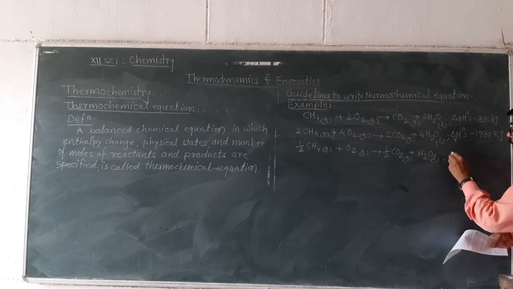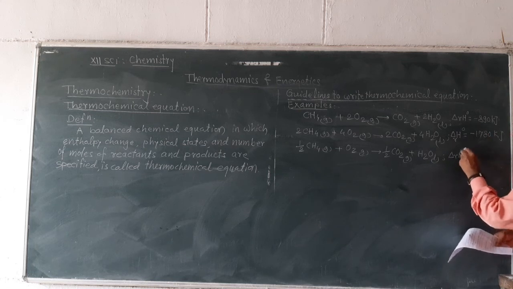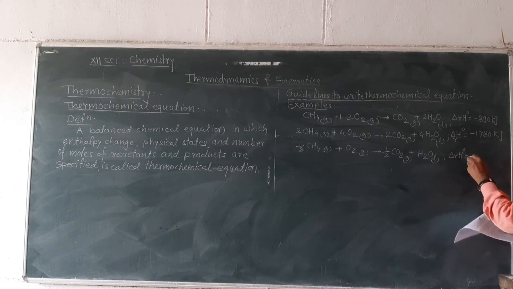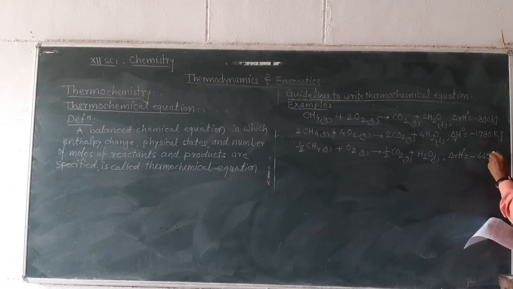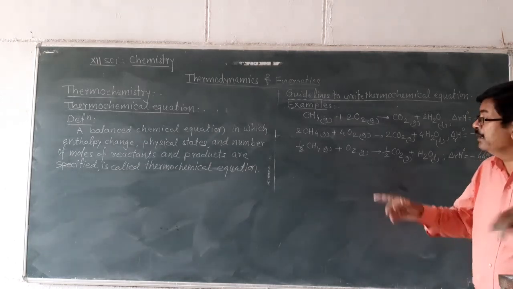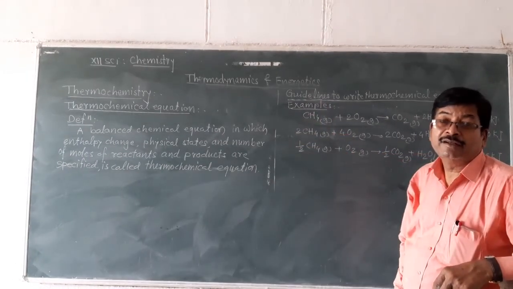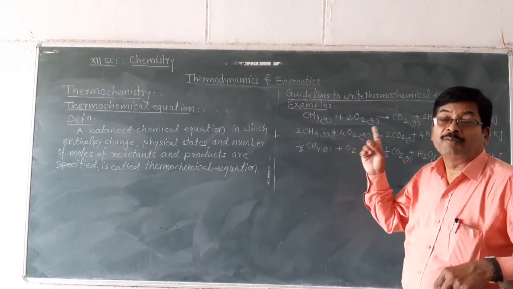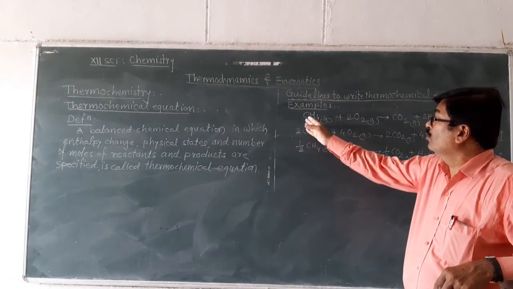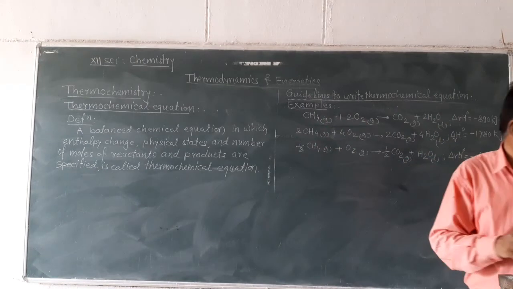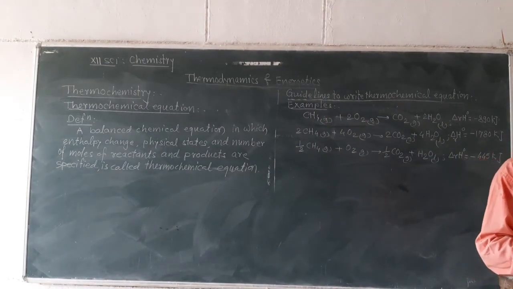Then you will get enthalpy of this new reaction as minus 445 kilojoule. That means in these three examples almost all the guidelines are followed to write these equations. This is about thermochemical equation.